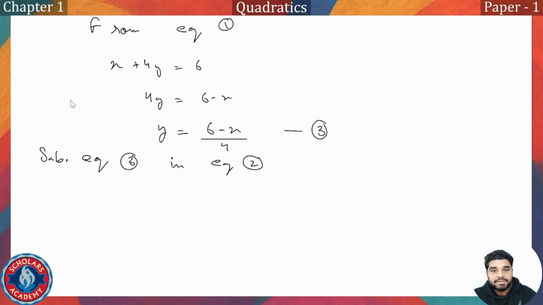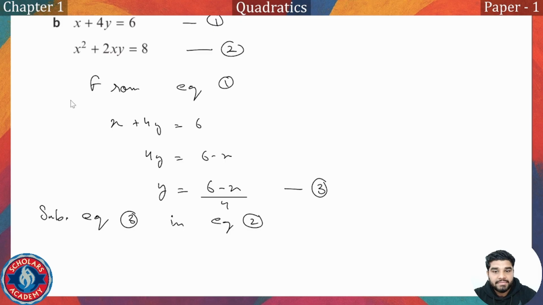I'll substitute this in the quadratic equation, that is x square plus 2x times (6 minus x) over 4 is equal to 8. So this is what I'm getting, right?